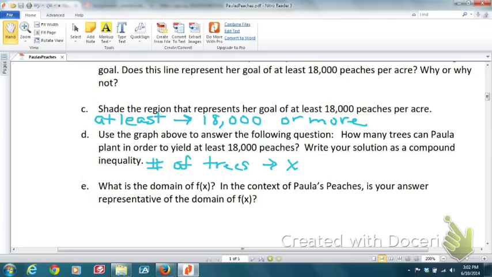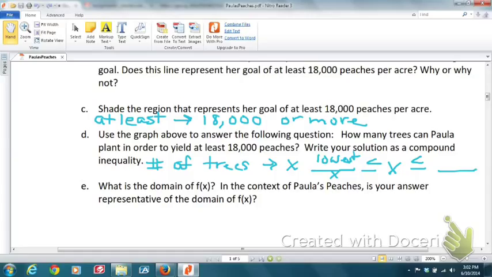A compound inequality looks like this. Since our inequality that we're using happens to be greater than or equal to, we're going to write it like this. We're going to use less than or equal to because x is between two numbers. Over here, this would be your lowest x.